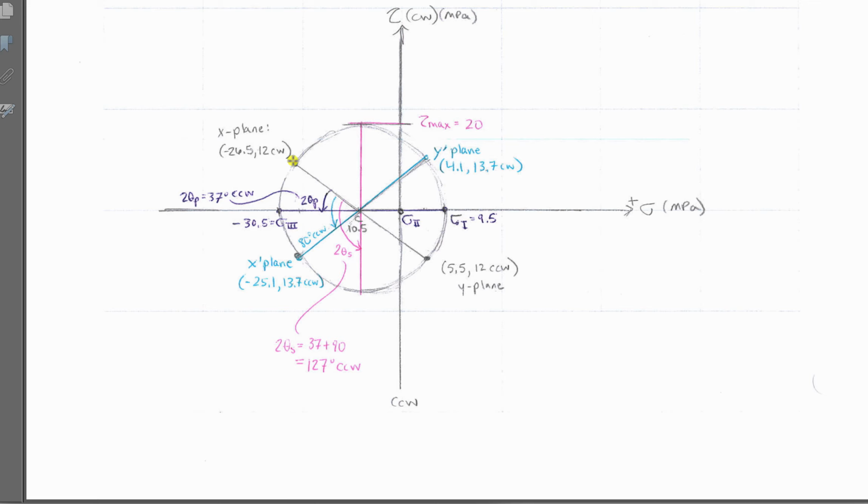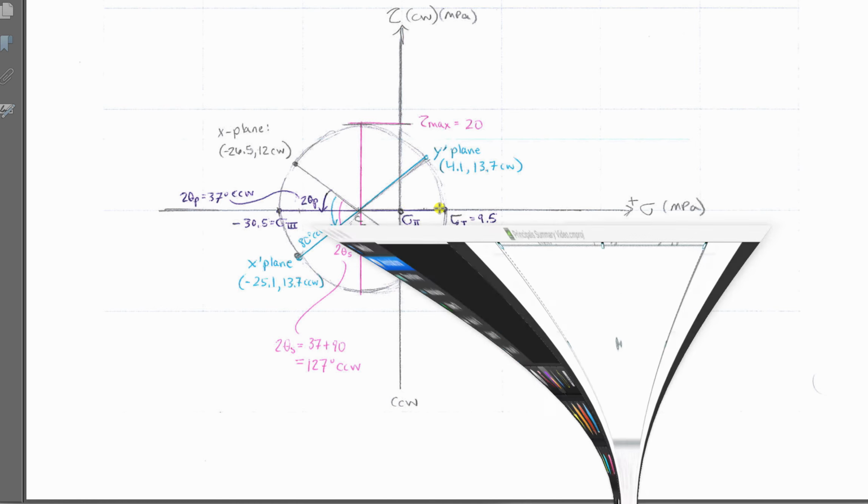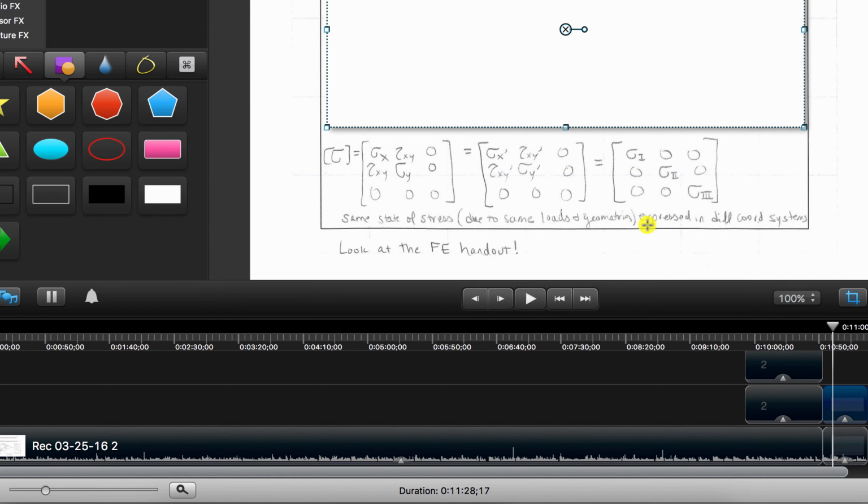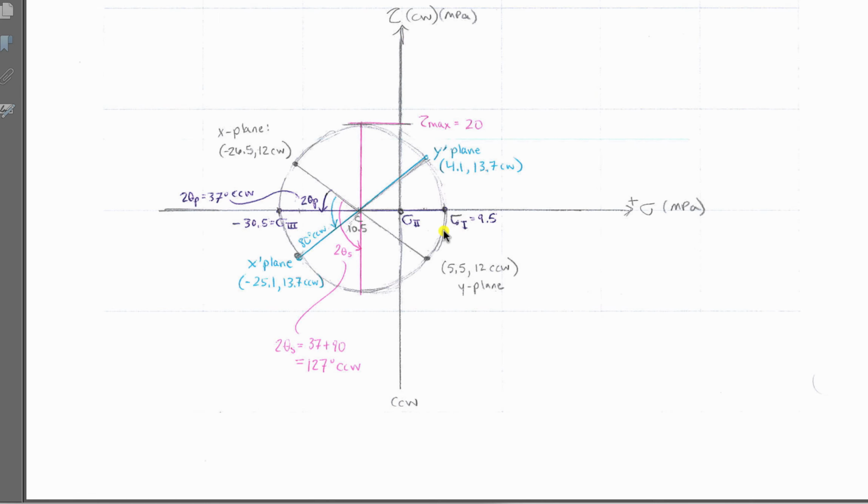So I always start with my x-plane, and I pick out the smallest rotation to the closest principal stress and base it off of there. So we solved for that 2 theta p should be 37 degrees counterclockwise, and in fact it is. So that would mean that the y-plane would also go 37 degrees counterclockwise to our principal stress 1 at 9.5 megapascals.